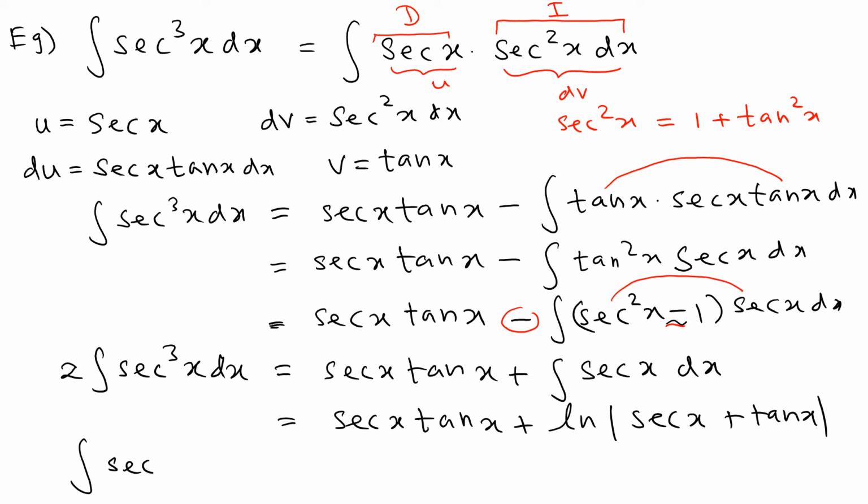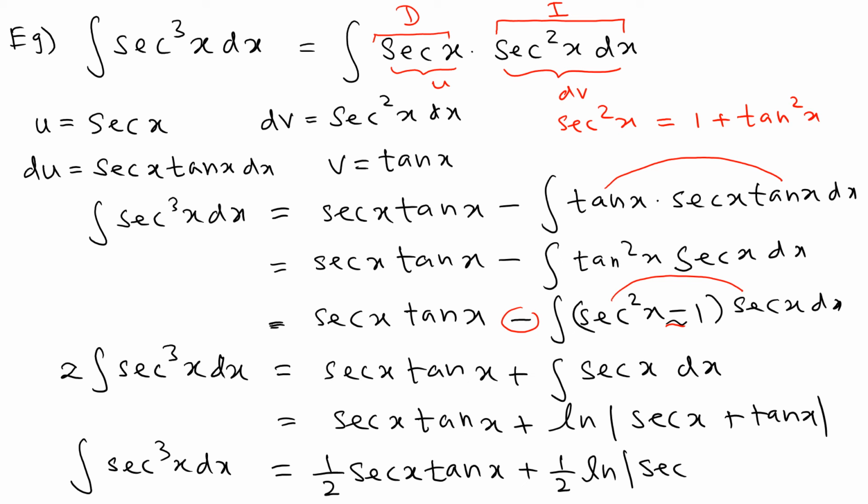So the integral of secant cube x dx equals 1/2 secant x tan x plus 1/2 natural log of secant x plus tan x plus c.